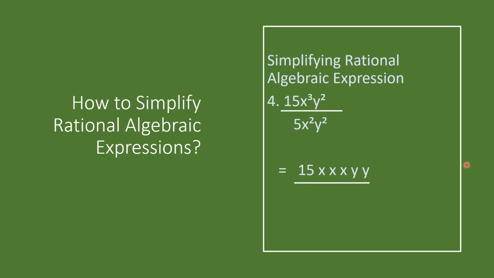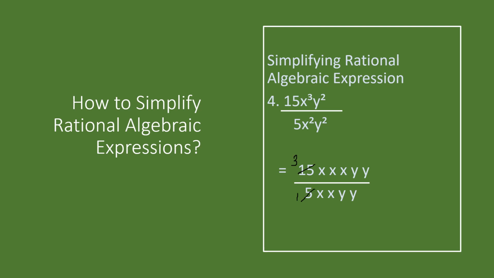Then for the denominator, we have 5 times x times x, y times y. And then next is 15 and 5. What is the common factor of 15 and 5? For sure that is 5. So 15 divided by 5, that is 3. And this one is 1.